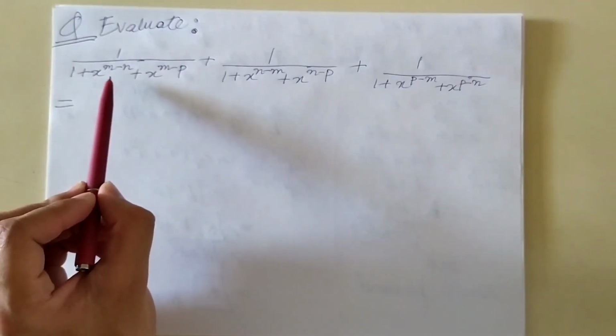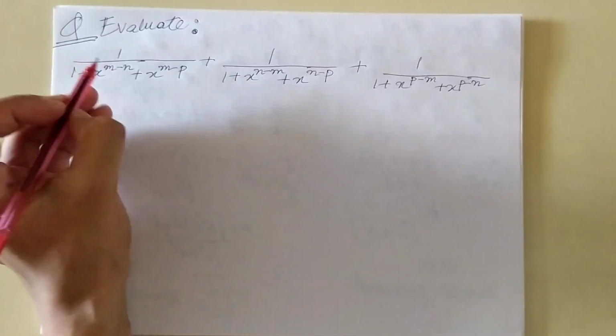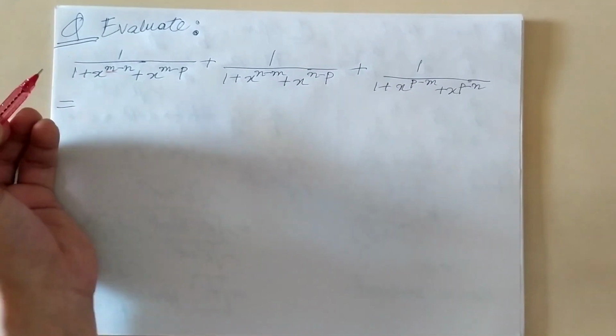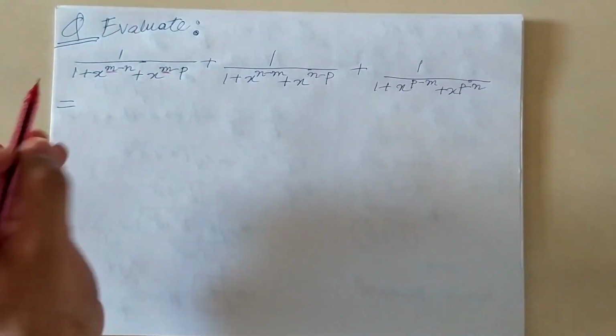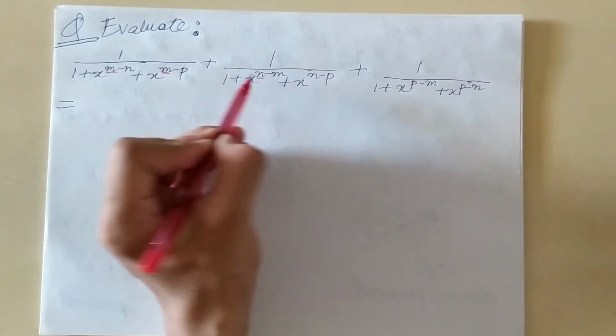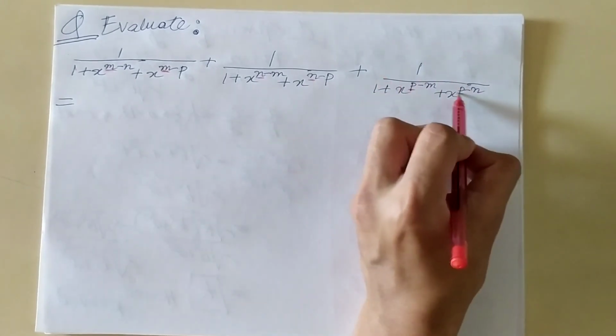So as you can see, in the first term there is x to the power m, so basically m is common, and in the second term n is common. Similarly in the third term p is common.